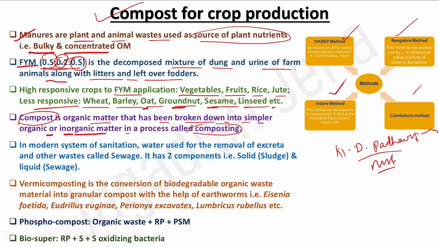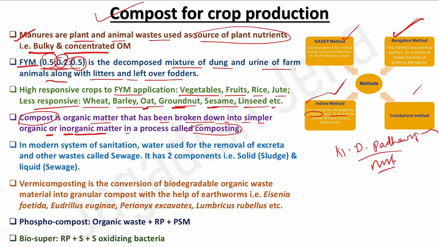That is the Indore method. They developed the Bangalore method, and the Indore method was developed by Howard and Ward. So these are broadly the different methods of composting followed in India.